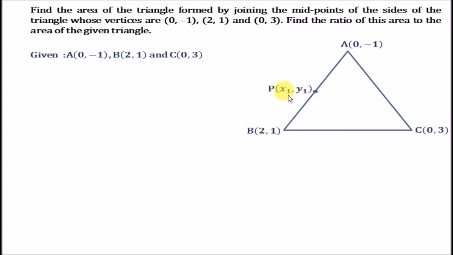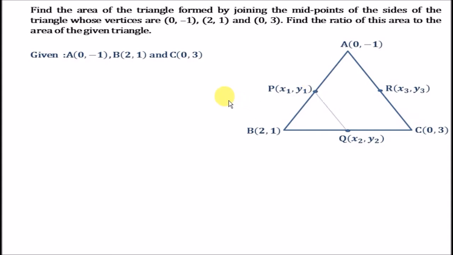Now let's say P (x1, y1) is the midpoint of AB, as we need to find the area of the triangle formed by joining the midpoints of the sides. Now Q, let's consider it to be the midpoint of BC, and finally R to be the midpoint of side AC.